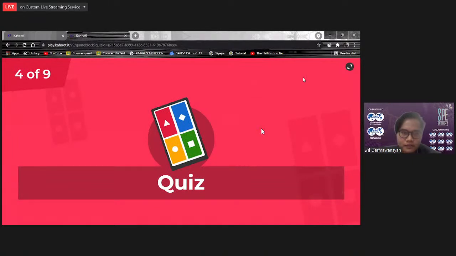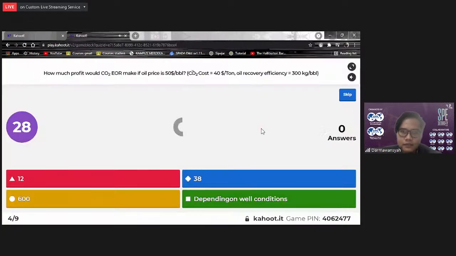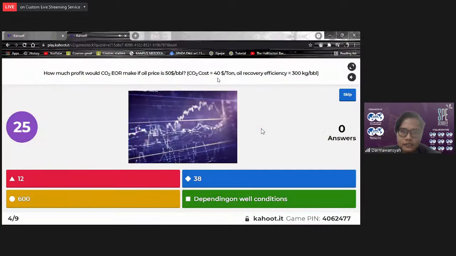Okay, next question. How much profit will CO2 EOR make if the oil price is $50 per barrel, the CO2 cost is $40 per ton, and the oil recovery efficiency is 300 kilograms per barrel?